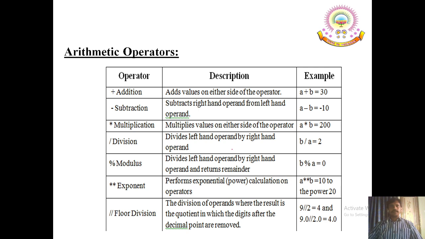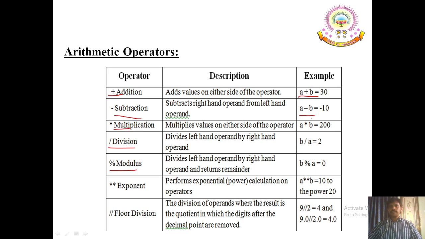See, first one, the addition. Addition operation is performed using the plus symbol, which adds the values on either side of the operator. A plus b equal to 30, a minus b equal to minus 10, where the values for a and b are 10 and 20 respectively. Assume like that. Then subtraction, multiplication, the same symbols are used till the modulus operation.